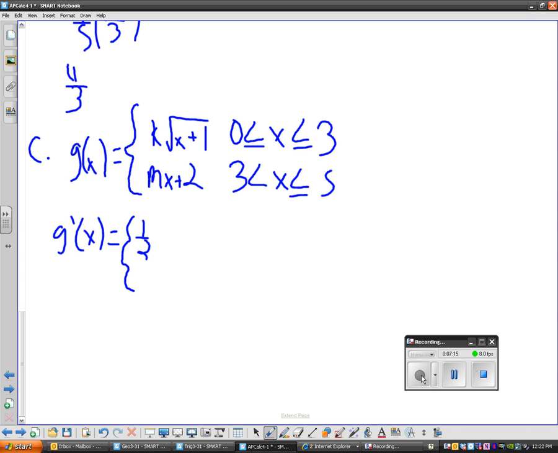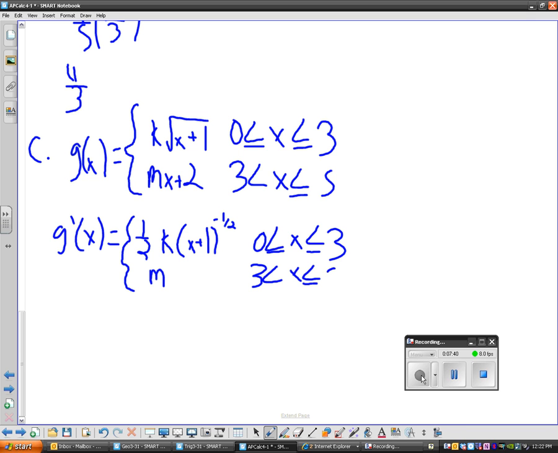So the first part, it's going to be 1/2 times k times x plus 1 to the negative 1/2. That's just the chain rule. And then the second part, it's just going to be m. Same limits, or I don't know what you call them. Okay?